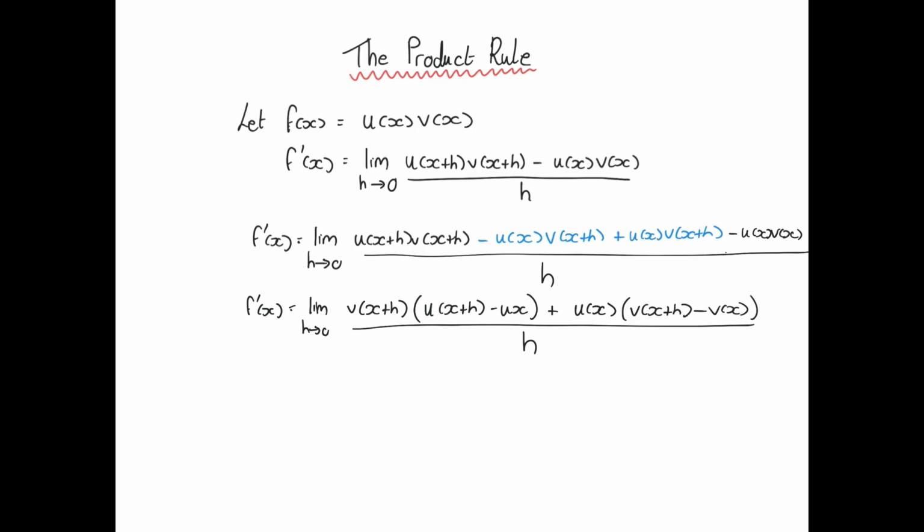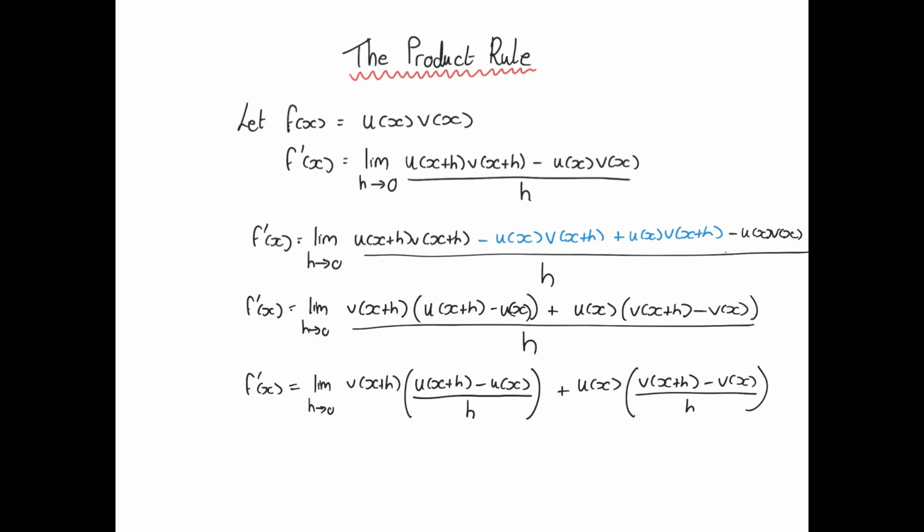Now, does this start to look familiar? Let's split up the two sums on top of the fraction. We'll have two separate fractions, both over h. In those two brackets we've got v of x plus h times u of x plus h minus u of x over h, plus u of x multiplied by v of x plus h minus v of x all over h.